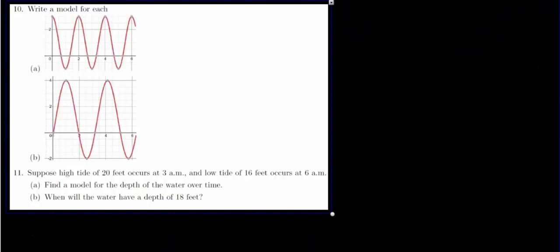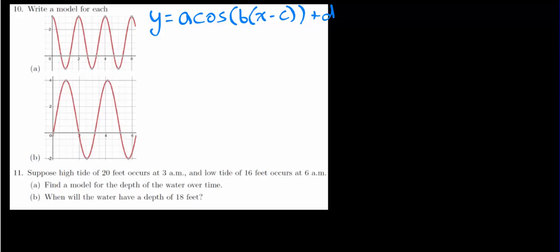Okay, now, if we want to go the other way, so instead of sketching a graph, we want to take the graph and write an equation. I'm recommending that on a lot of occasions, it's going to be good to use cosine. So I'm going to use that model.